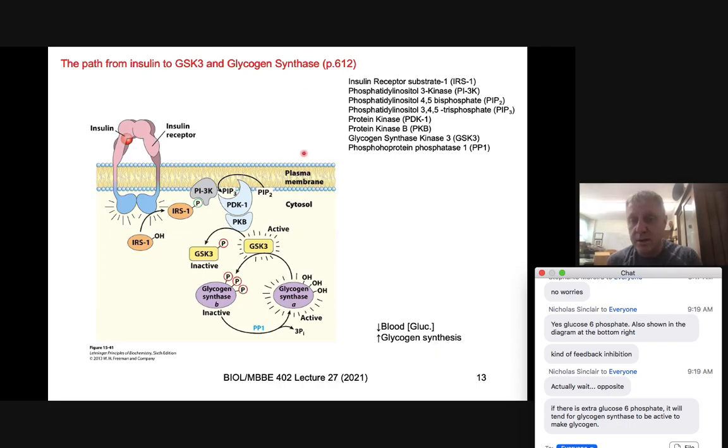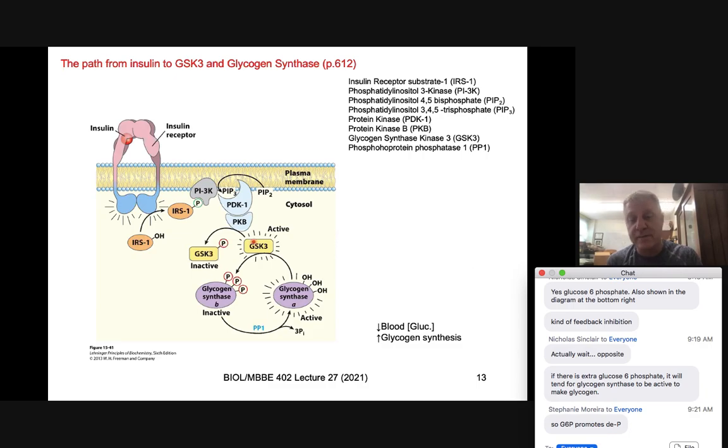So we're depleting the blood glucose, we're increasing the glycogen synthase by utilizing the insulin receptor and this glycogen synthase kinase number 3 in its phosphorylation and dephosphorylation event and its effect on the glycogen synthase.